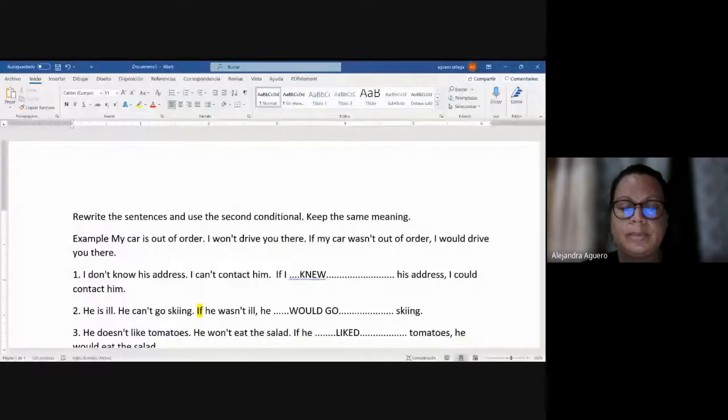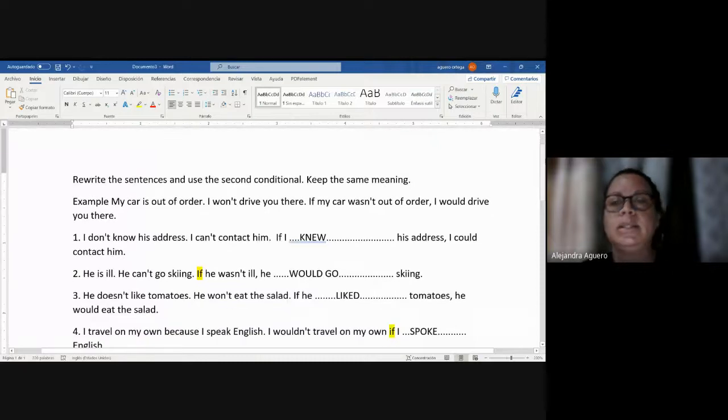Let me share it with you. Okay, here we go. Here are some of the examples of the practice. Remember that you can access the practice in the PDF using the link, okay?